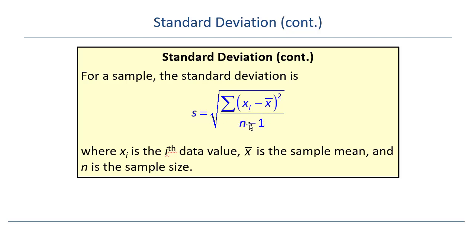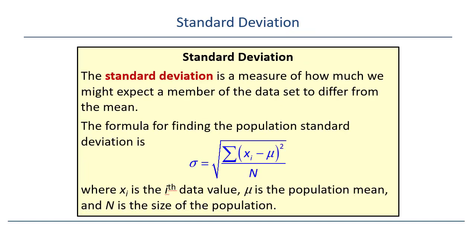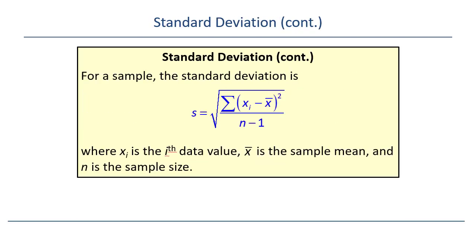You might also notice that it's n minus 1 instead of n, right? So the formula actually shifts a little bit when we're taking the sample standard deviation. And that's because the standard deviation is what's called a biased estimator. It always underestimates the population standard deviation. So in order to counteract that, in the formula, we augment it and make the bottom number n minus 1, which makes it a smaller number.